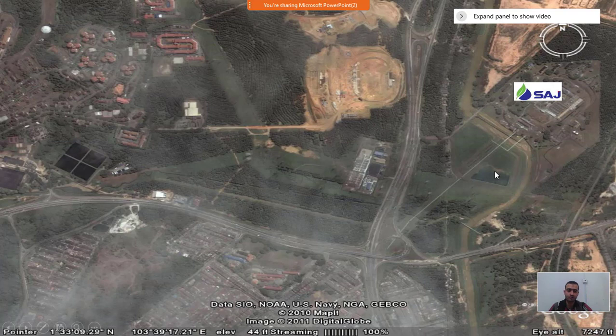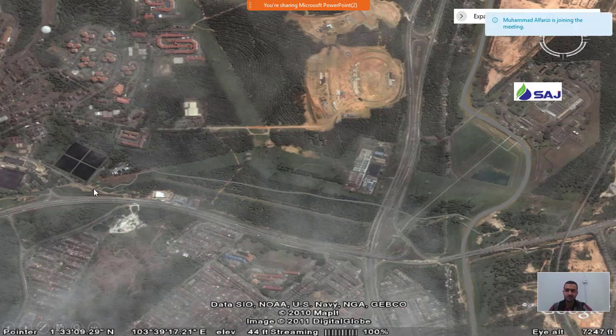So now we will see how they combine together. This is a closer photo, and now you can see this line is drawn here. This line is the wastewater discharge line.